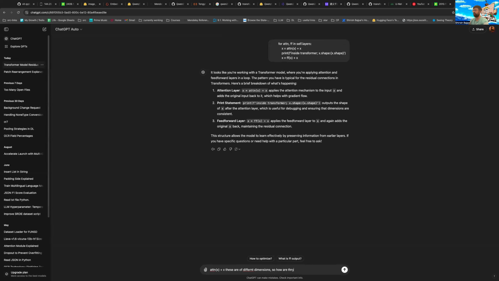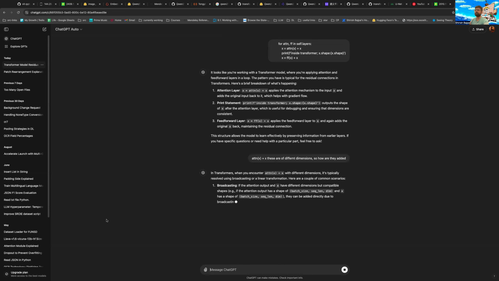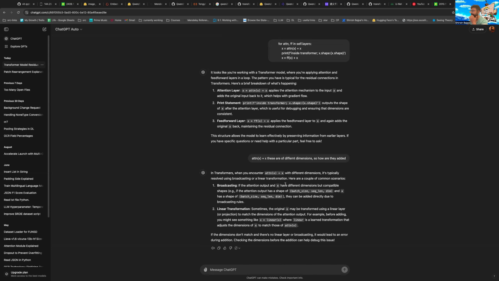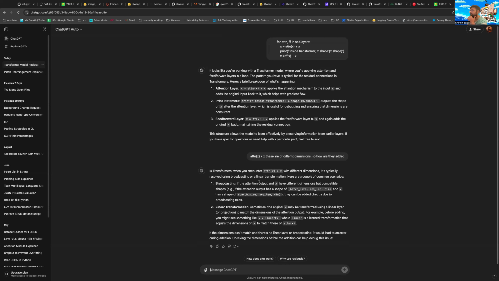So how are they added? Broadcasting and a linear transformation, this also makes sense. But what's the output? X to match. But the Y output is of X dimension on the shorter dimension.